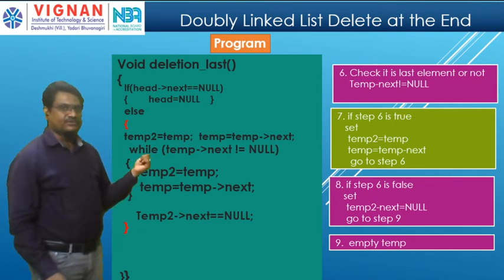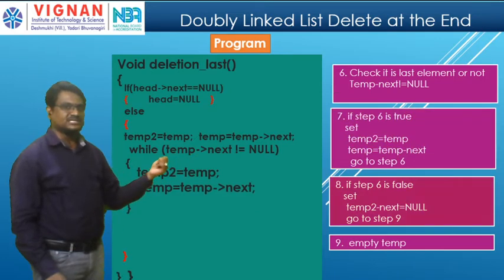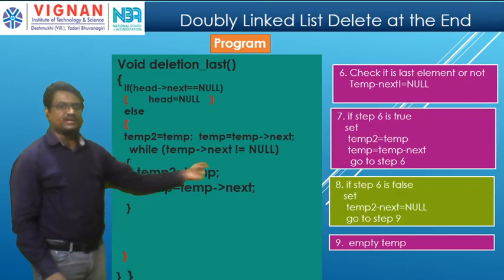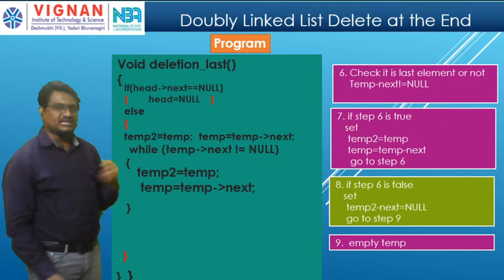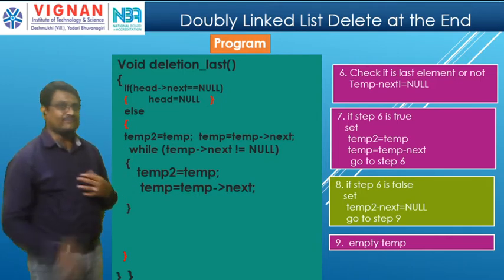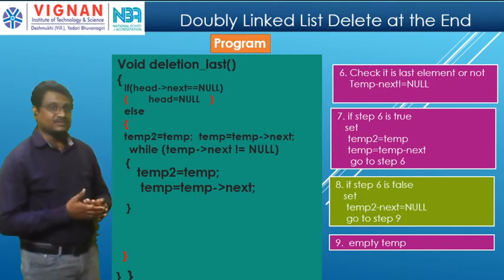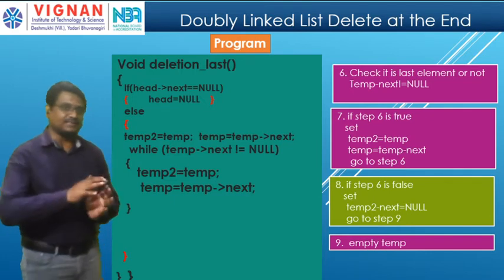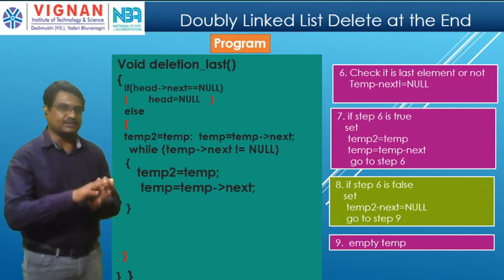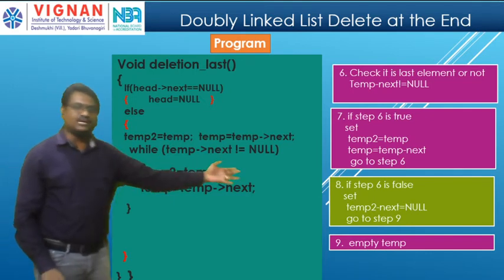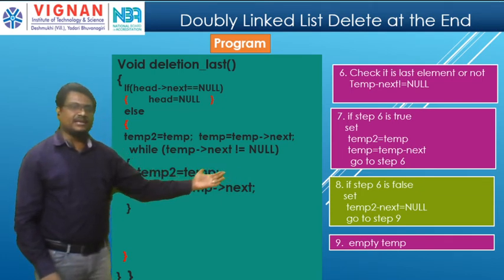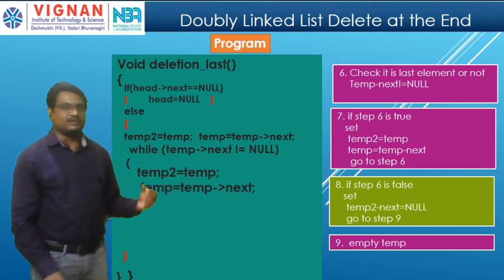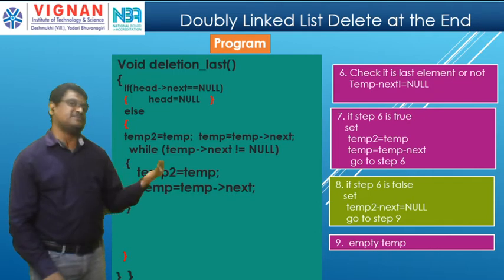Now if I find the last element, that means if the temporary next variable is null, then I will move to the 8th step. Now what is the 8th step? In the 8th step, I have found the last element, which is stored in temporary. So I need to delete temporary. For that I am setting temporary 2 next variable to null. Why?